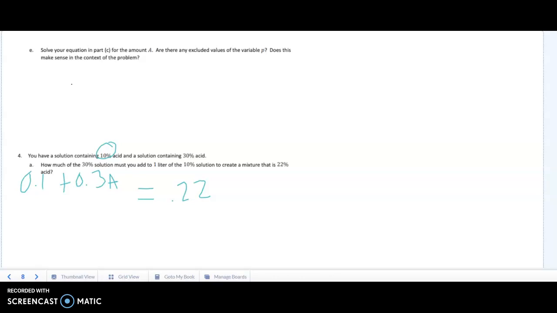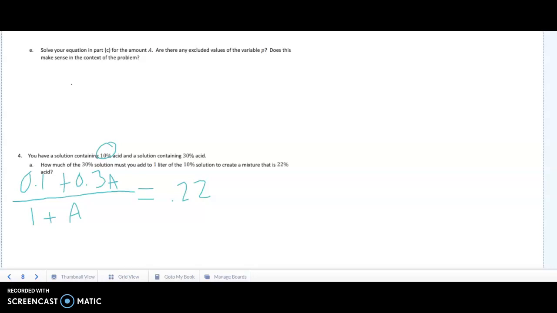Now, on the bottom, we're starting with 100%, right? So that's 1. But we know we're going to add A amount. I know this is really confusing, and y'all probably have not seen many questions like this, but if you set these up just like that, it will work. Okay?